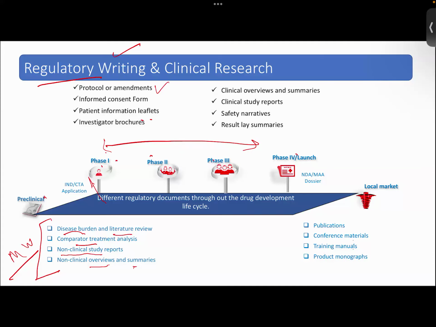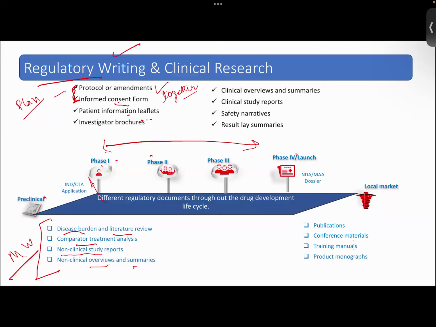Protocols and amendments. What is a protocol? A protocol is the plan of your study. Informed consent form. These two documents are prepared together, because in the informed consent form, a lot of information comes from the protocol.